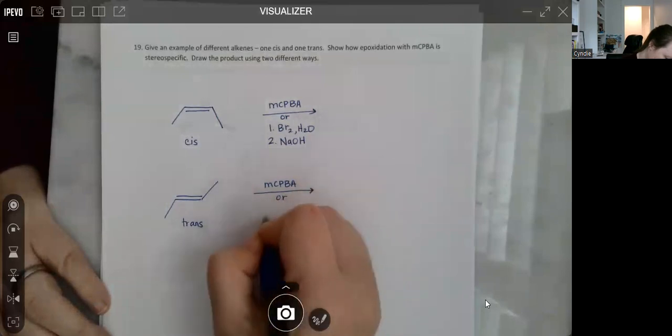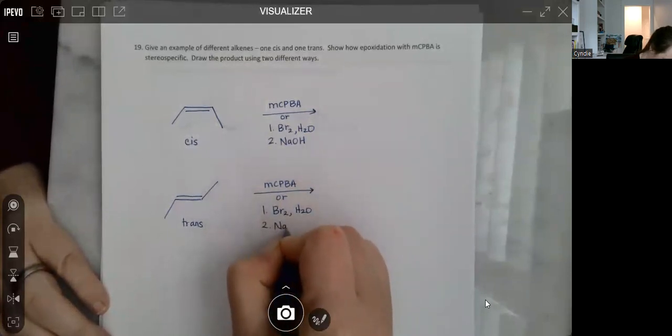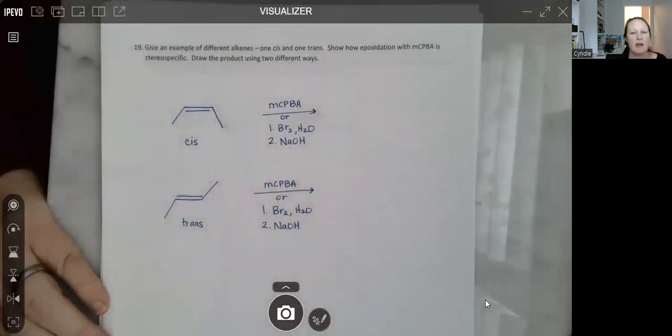So again, just think of those conditions as interchangeable. And we just want to remember that epoxidation is stereospecific.